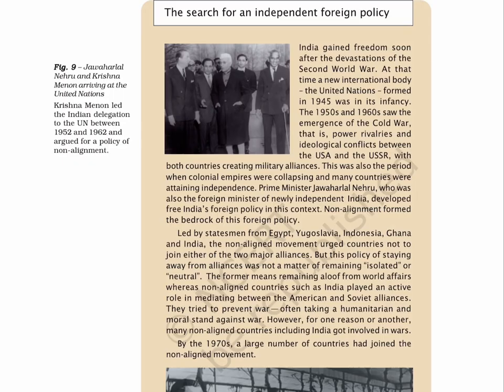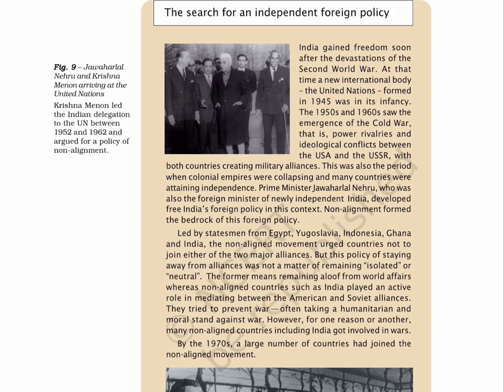The 1950s and 1960s saw the emergence of the Cold War, that is, power rivalries and ideological conflicts between the USA and the USSR, with both countries creating military alliances. This was also the period when colonial empires were collapsing and many countries were attaining independence.